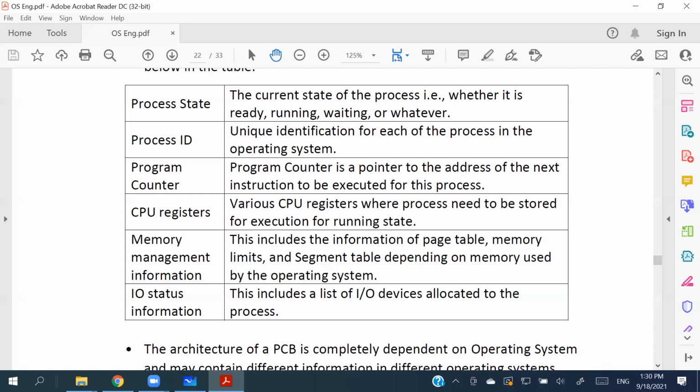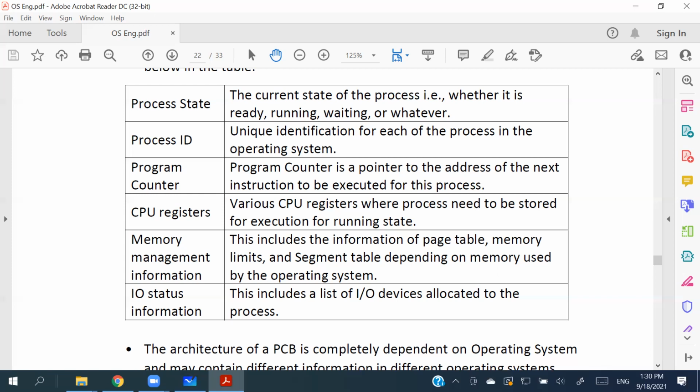A program, a process, is a collection of many instructions, line by line, saying do this, do this. When we create a program, we are doing the same thing. We are giving instructions to the computer: do this, then do this, then do this.